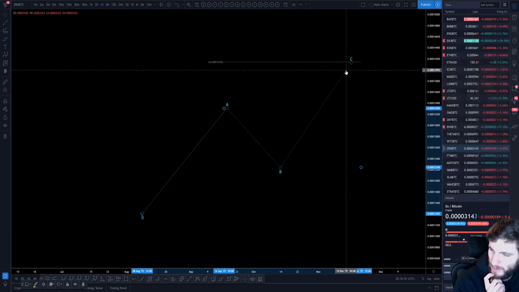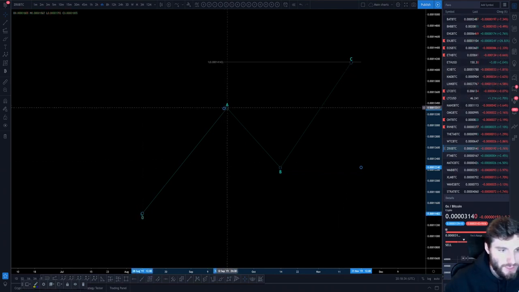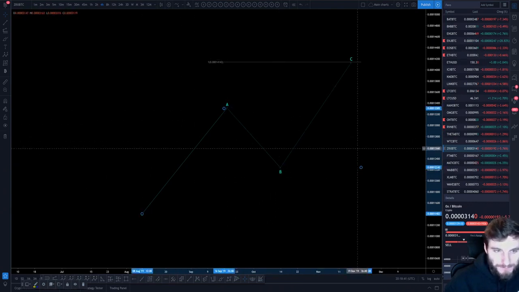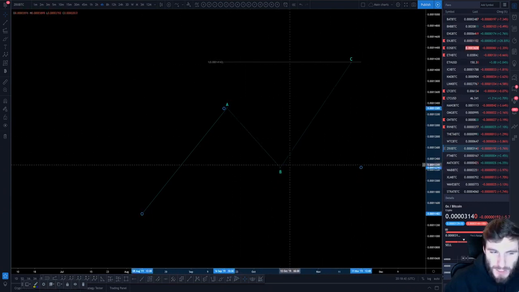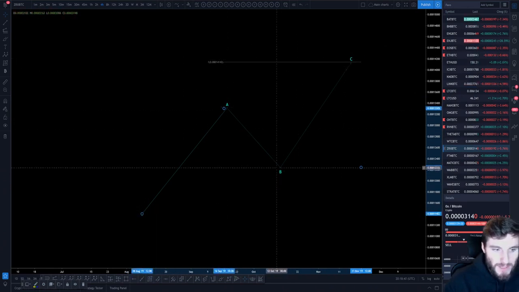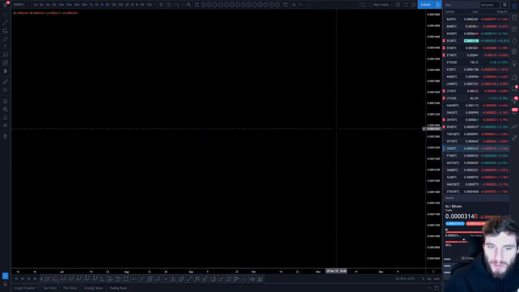How would you measure B wave if only the A is with this tool? So you go bottom of A to the top of A to the bottom of B. You'd only use the extension tool once you've got pivots A and B, unless you're using it for the subwaves of these, obviously. But once you're on the macro, from the A to the top of B to the bottom of B, you need those 3 pivots before you use the tool. You just cannot use this tool with only 2 pivots.